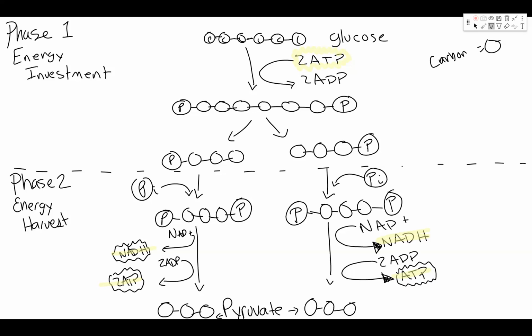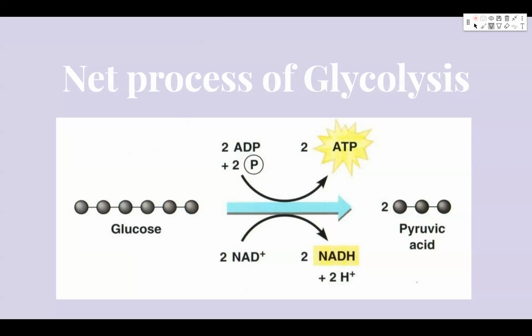We're breaking down a 6-carbon molecule into 2 3-carbon molecules. But we can take all of this process and summarize it with this right here. So this is our net process of glycolysis.